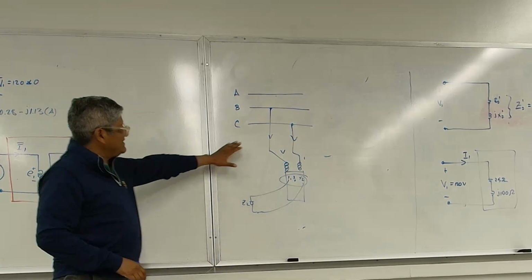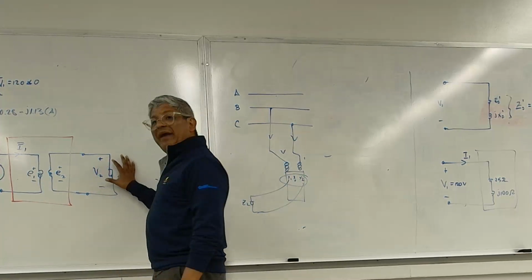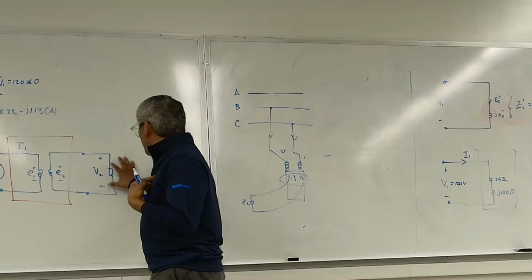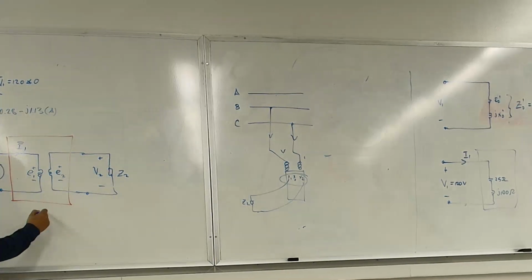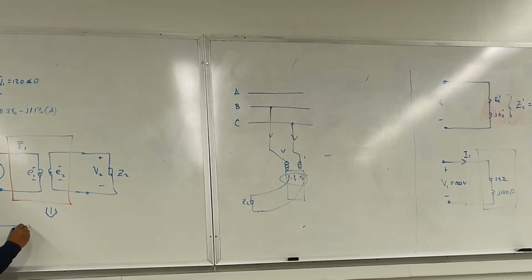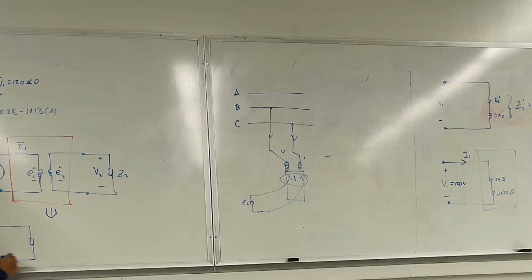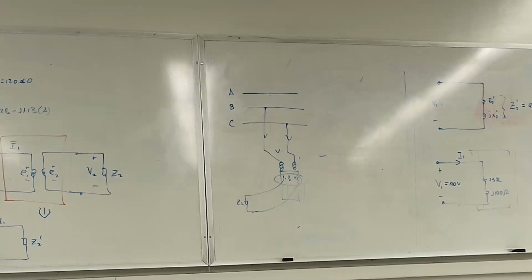So with that being said, since I'm interested in the primary side, to make it easy on me, I want to transfer this impedance to the primary so that an equivalent of this model becomes like this. V1, I1, Z2 prime.